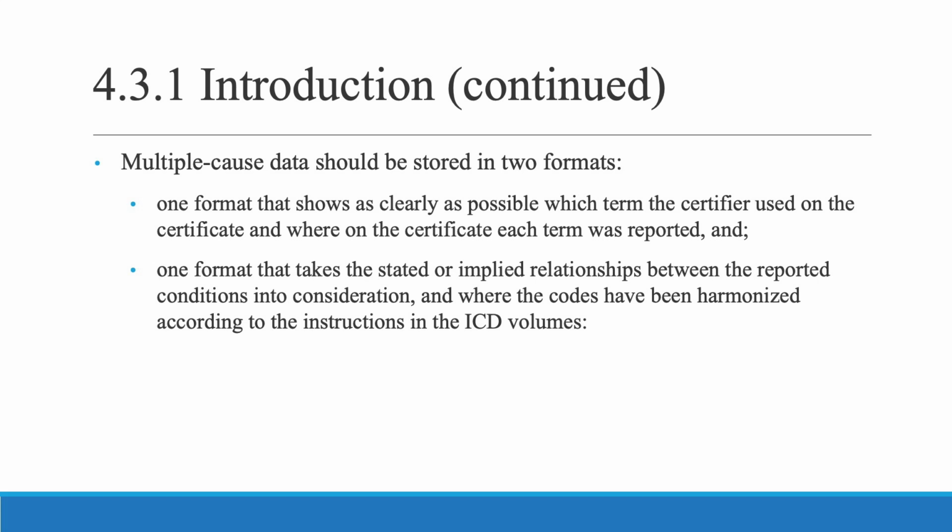Some manual intervention may be required in other mortality classification systems. This recommendation represents the ideal data storage system, but even a very basic retention of multiple cause codes can be useful in informing the mortality situation in a jurisdiction.